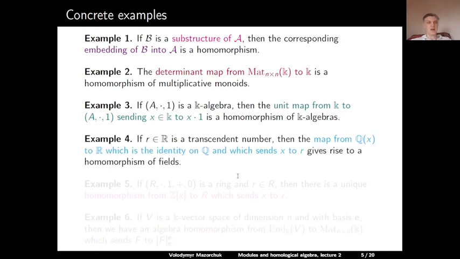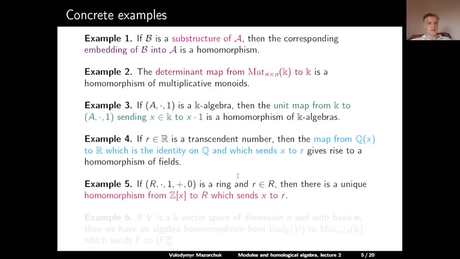Example 4: if R is a transcendental real number, then we have a map from the field of rational functions with rational coefficients in an indeterminate x to R, which is the identity on the rational numbers, on the coefficients, and which sends the indeterminate x to our chosen transcendental number R. So this map gives rise to a homomorphism of fields.